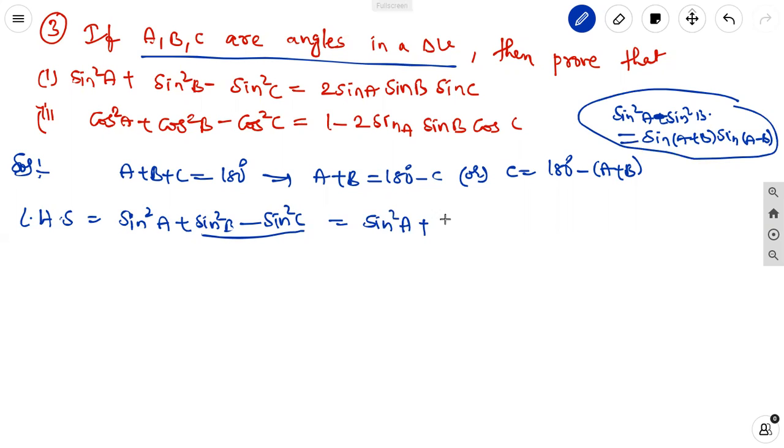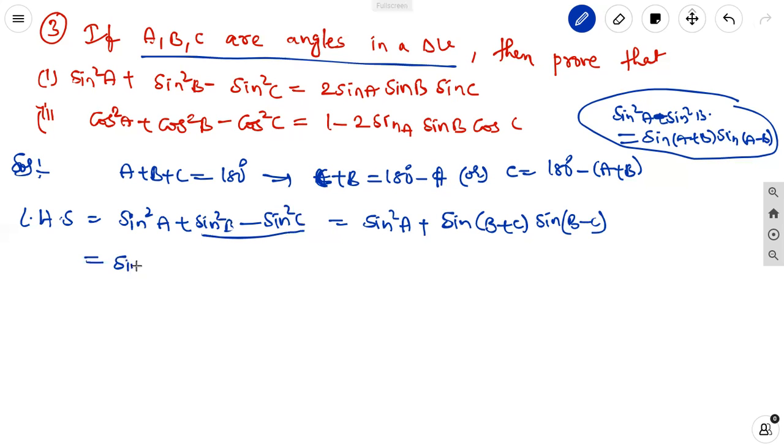Sine square B minus sine square C we can write as sine of B plus C into sine of B minus C. Here B plus C is 180 degrees minus A, so in the place of B plus C, we can write 180 degrees minus A.